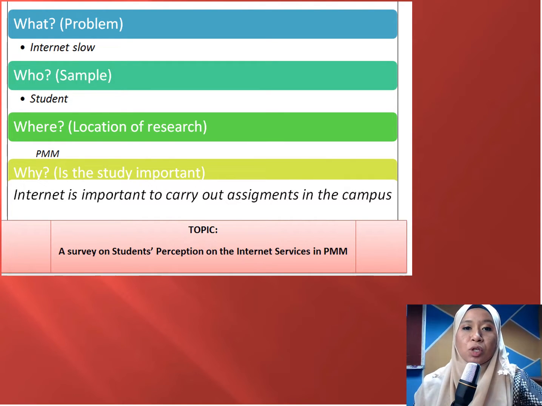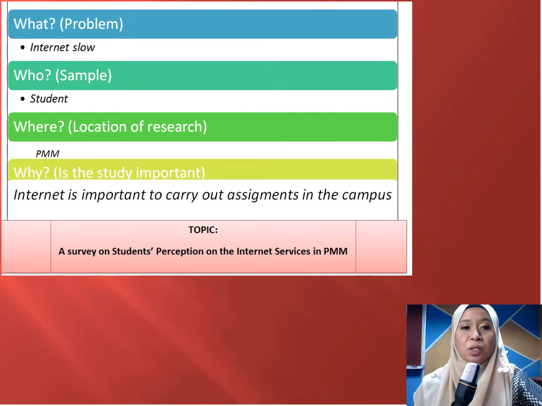Okay, so the topic usually sums up your mini project. It should give the audience or the reader the understanding of what your mini project is about. So a topic should be specific, accurate, and concise.